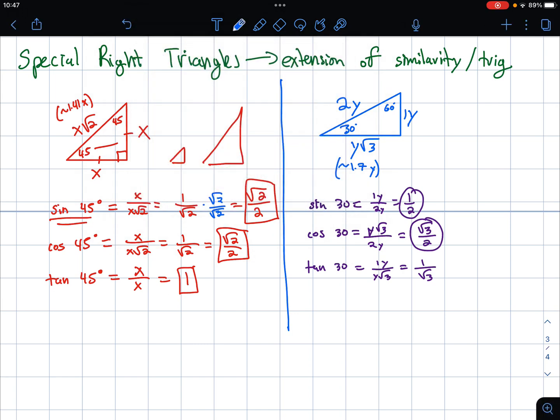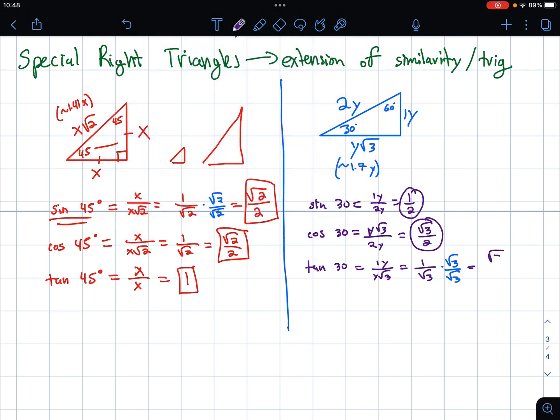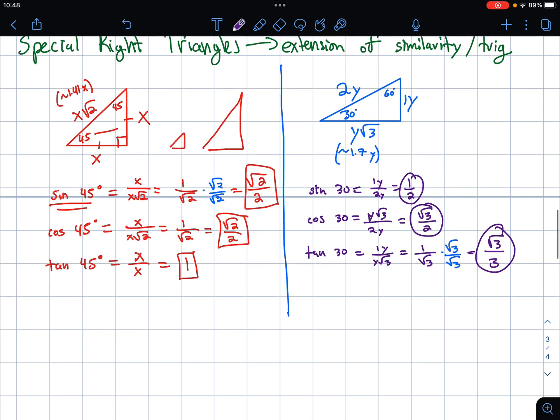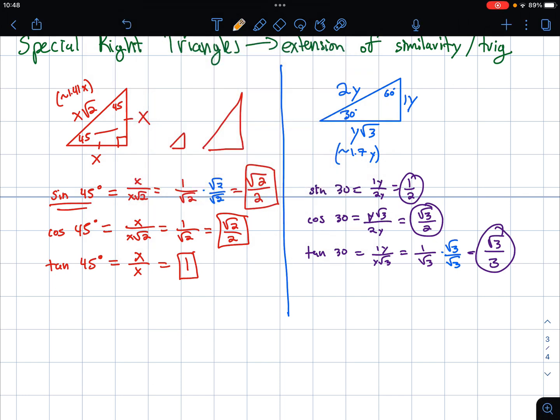If we would like to rationalize our denominator, we can multiply by root 3 over root 3, and this is going to give us square root 3 over 3. We could also do these functions for 60 degrees, and I think I will, just to give you some repetitions. So sine of 60 is going to be y root 3 over 2y, opposite over hypotenuse, which is just root 3 over 2.